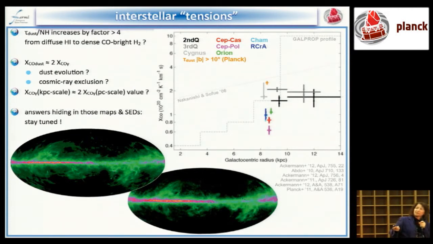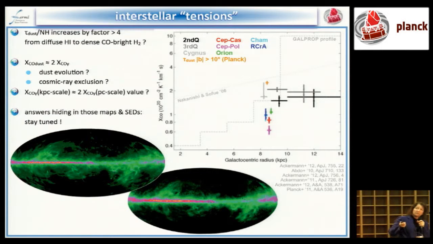And we find another factor of 2 here, which tells you that if you look at a big complex from far away, you don't measure the same amount of molecular gas associated with CO than you do when you have parsec scale resolutions inside the clouds. So there's something here to understand about how we integrate or how we assume what is associated with the CO.